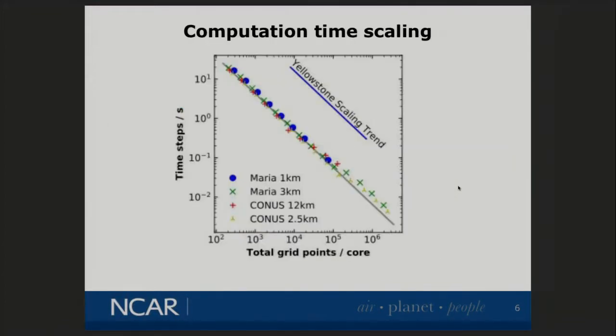All right, this is a pretty good slide that I would like to discuss with you. So again, this is another example, just for computation time scaling. And as you can see, the scaling is pretty much linear for computing, at least, across all the models. The curious fact here is that Yellowstone, which is the previous supercomputer that NCAR had, performs better.